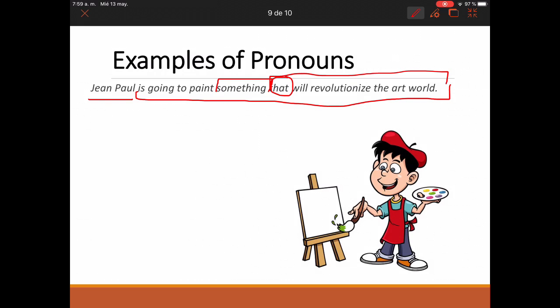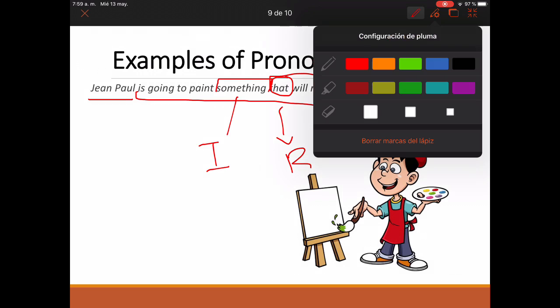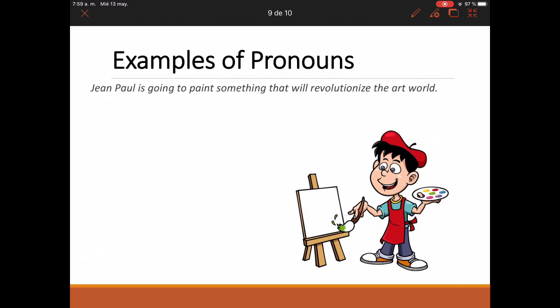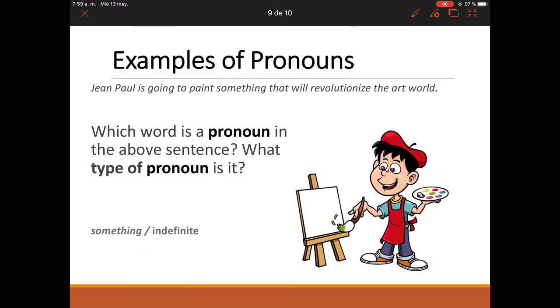Which type is it? Indefinite. And that is a relative. So in this way, you will see that we have two types of pronouns placed in one whole sentence.